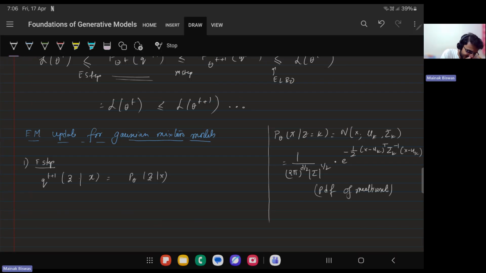So let us quickly do the math here. So Q t plus 1. Again, these are discrete variables. I know that P of Z equal to K is alpha K. And once I've been given the latent Z, I can model the output distribution in the form of a normal distribution, with a particular mean and variance. So Q t plus 1 is at time instant t.